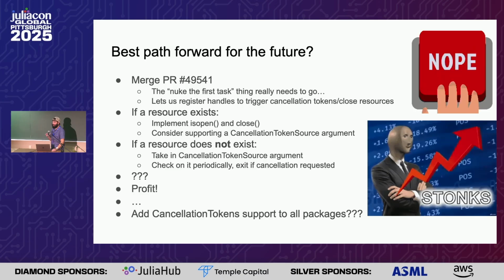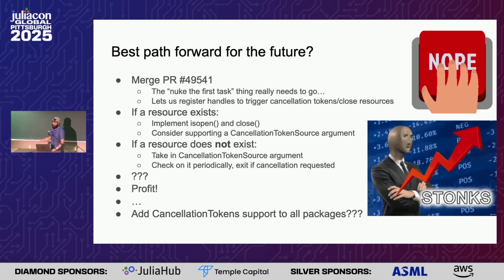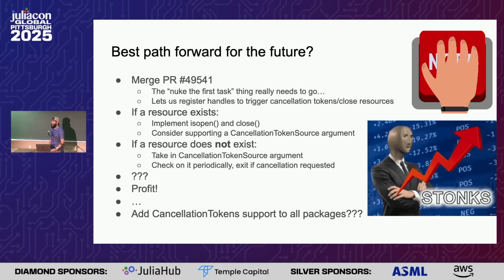This is something you want to agree upon throughout your entire ecosystem. Otherwise, you have 5 different ways to cancel code, and you need to try all 5 when you're trying to hit Ctrl-C or something. So I feel like this should end up in the language, but we can trial it through packages and see what happens. Like what we did with scoped values, we had the ScopedValues package and then it moved into Base. So I think that approach could work.